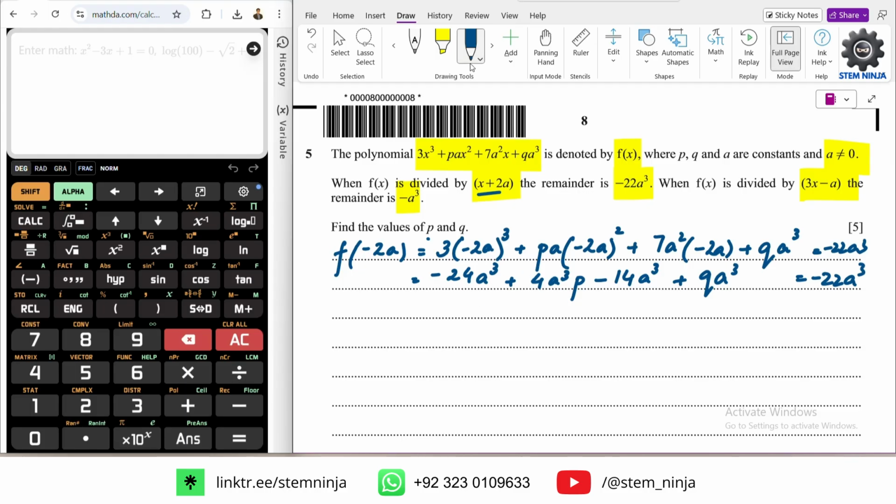This means that when you cancel out the a's on all sides, you get 4p plus q equals minus 22 plus 24 plus 14.